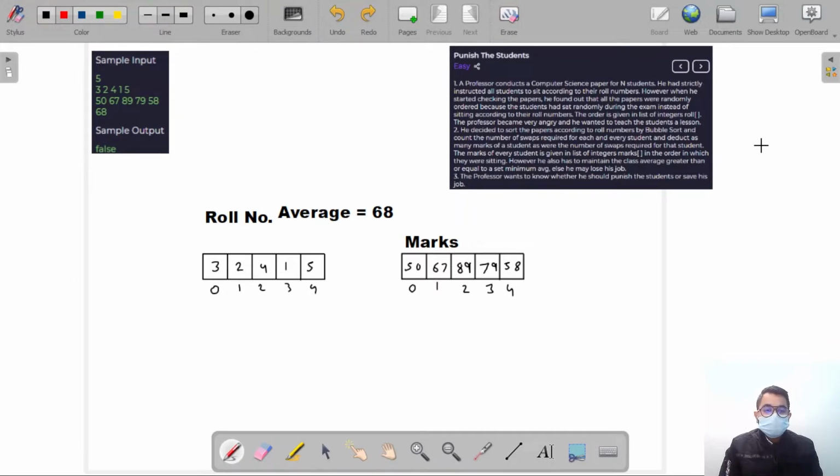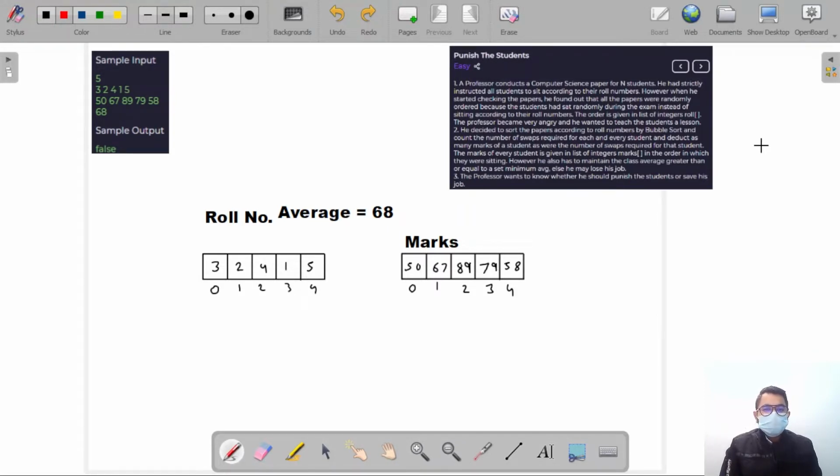When the professor was trying to check the papers, he found out that none of the students listened to his order, and rather than sitting in roll number wise order, they sat in random order.